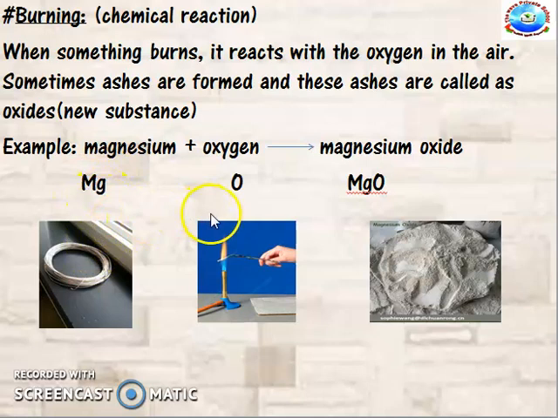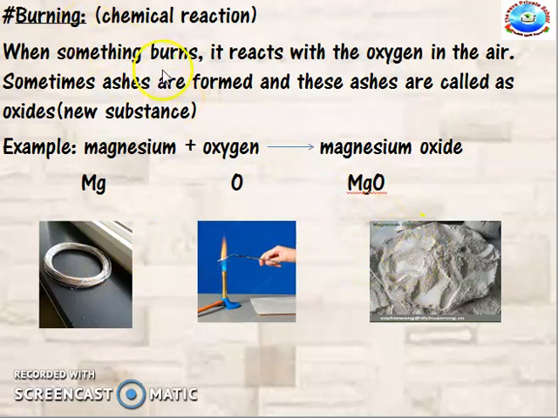Whenever a metal burns, it comes in contact with oxygen. So magnesium, when it comes in contact with oxygen, forms a new product, that is magnesium oxide. Now see, this is magnesium wire. When it is burned, there is formation of magnesium oxide.